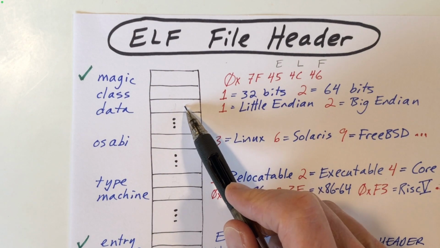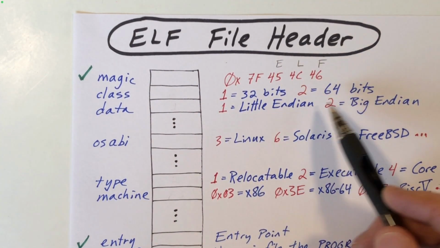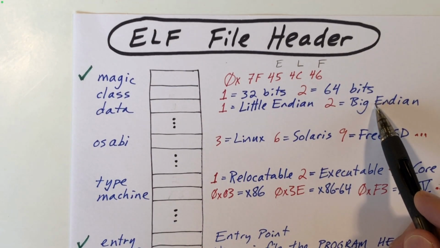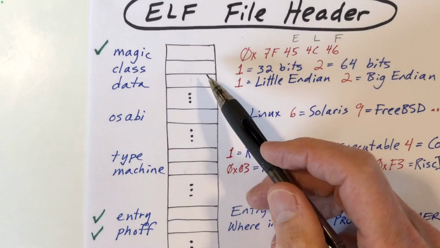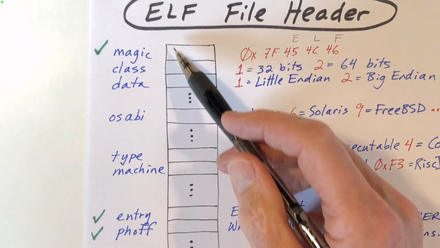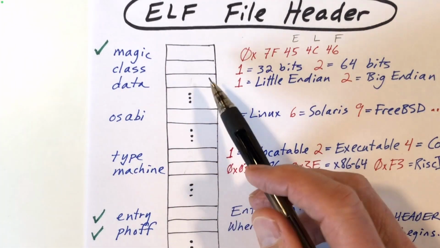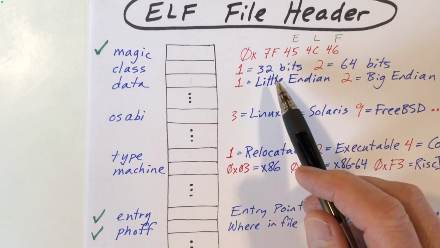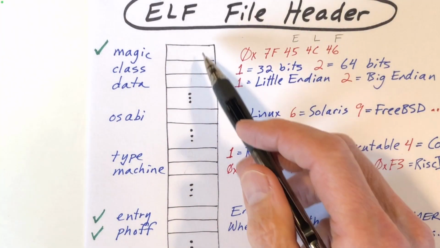And the next field indicates whether the data will be in little endian format or big endian format. I'm not showing the exact sizes of these fields here, and I'm not showing the offset within the file header. These will actually change. There are different versions of the ELF file, depending on whether it's 32 bits or 64 bits. But let's just move on.